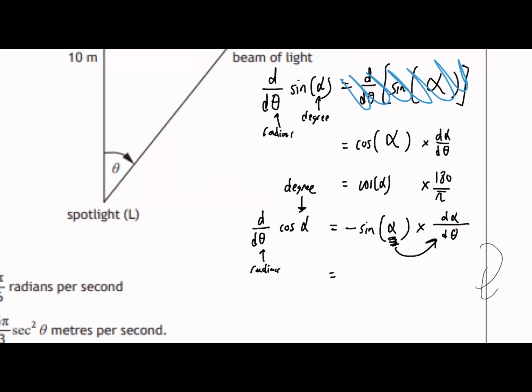So negative sine alpha remains, times 180 divided by pi. If you want, you can do one extra line. Replace the alpha with 180 over pi theta times 180 over pi, so that it's a function in terms of theta.